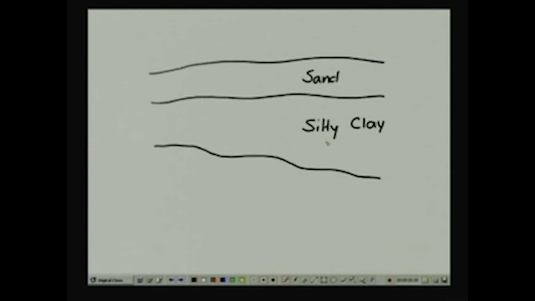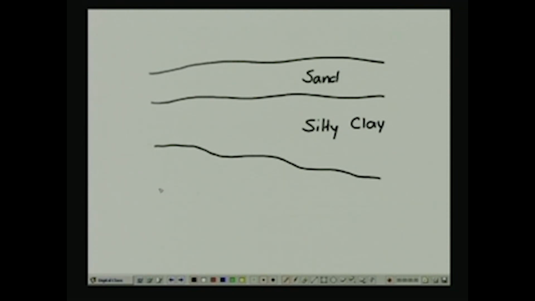We do not yet know in engineering terms the actual meanings of these terms, but we are going to learn those things later in the text when we talk about the textural classification of soils, as we did in case of rock earlier.